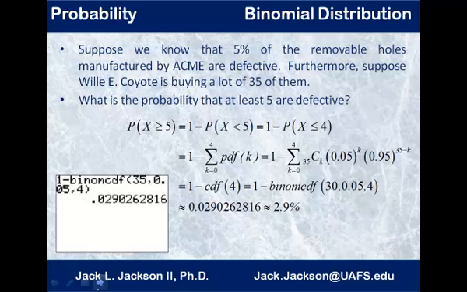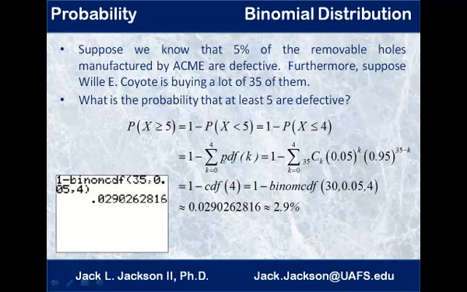So the probability that x is greater than or equal to 5 is 1 minus the probability that x is less than 5. But remember, you can't get anything between 4 and 5 on this distribution. Maybe you can in other distributions, but not this one. And so we really only need to go up to 4. So that turns out to be 1 minus the probability that x is less than or equal to 4.